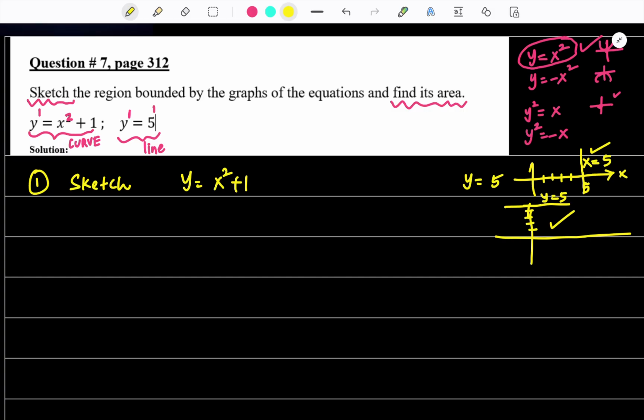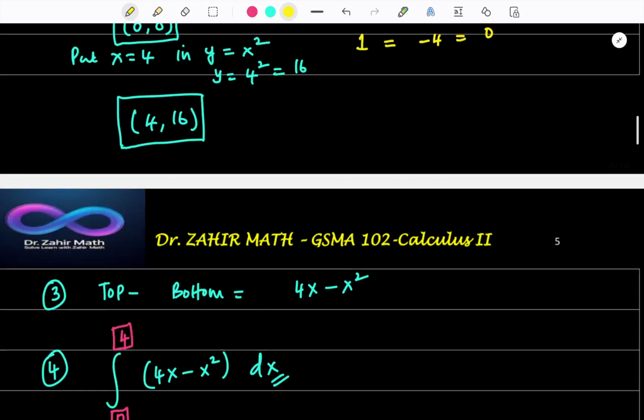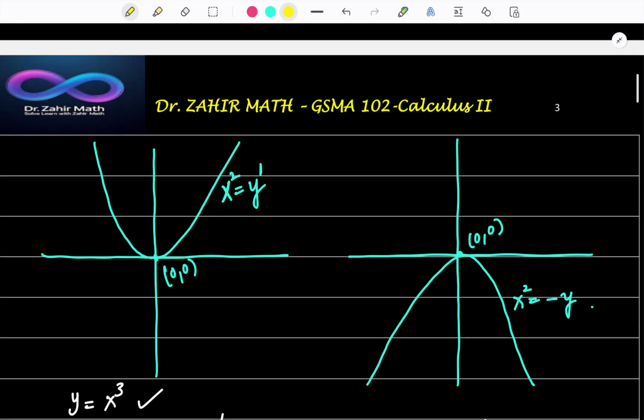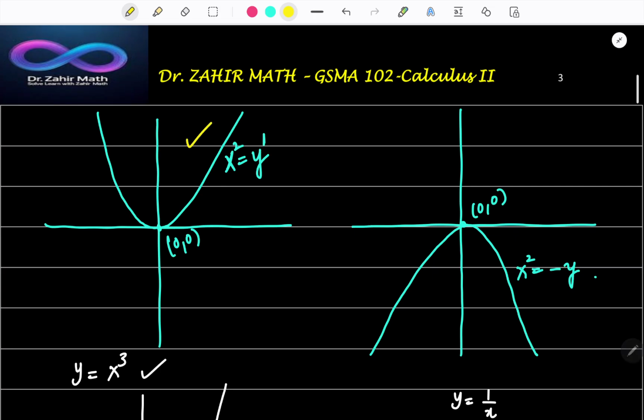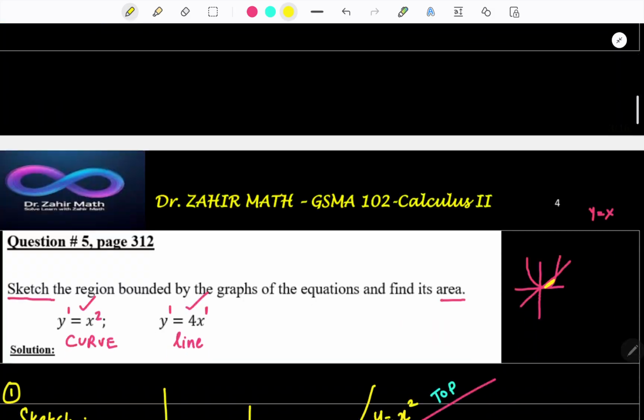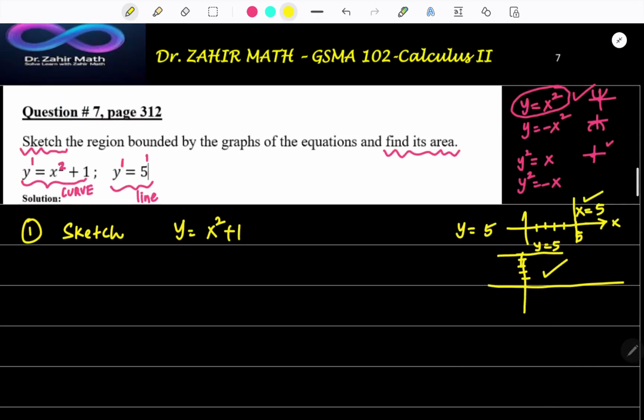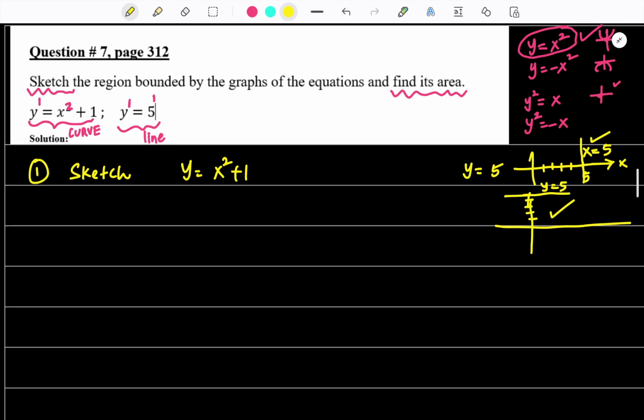Now, y equals x squared plus 1. I told you already the sketch of y equals x squared. Let me show you. Look here. This y equals x squared is the parabola projecting upwards, and it is going through the origin because there is no number here. But in this equation, there is a number: y equals x squared plus 1.